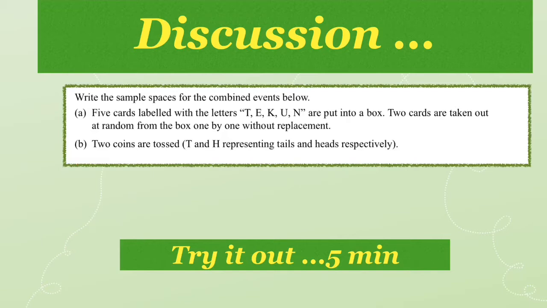So please try to write down the sample space for A. For B, 2 coins are tossed, T and H representing tails and heads respectively. So students, please try to write the sample space.